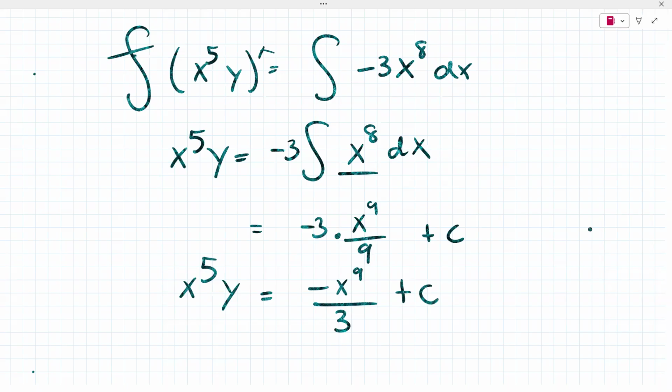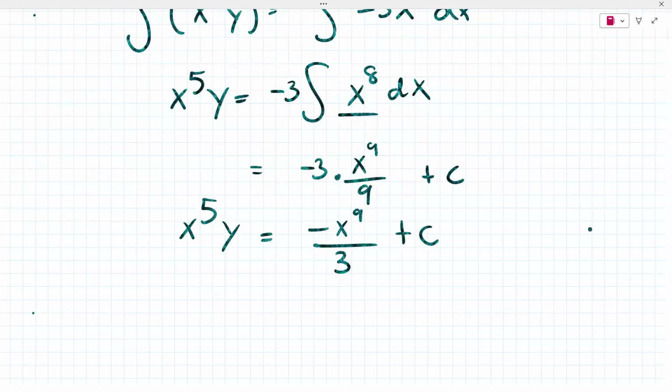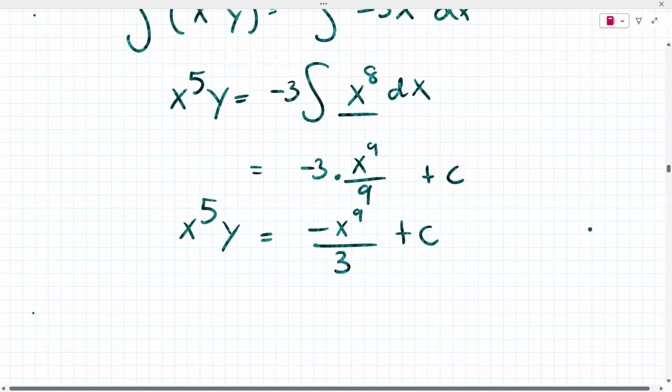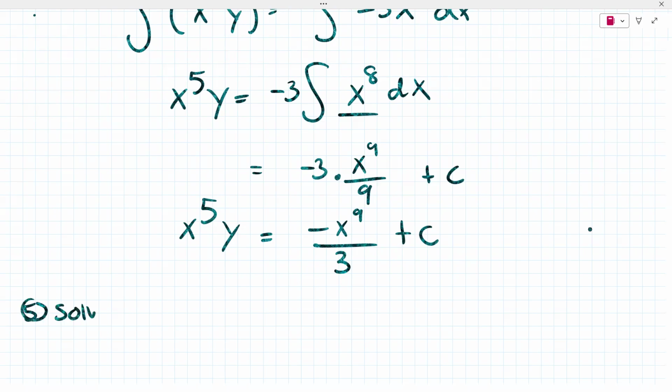Is this your final answer? No, we can try solving for y. So step 5, solve for y if you can. All I have to do is divide everything by x^5.